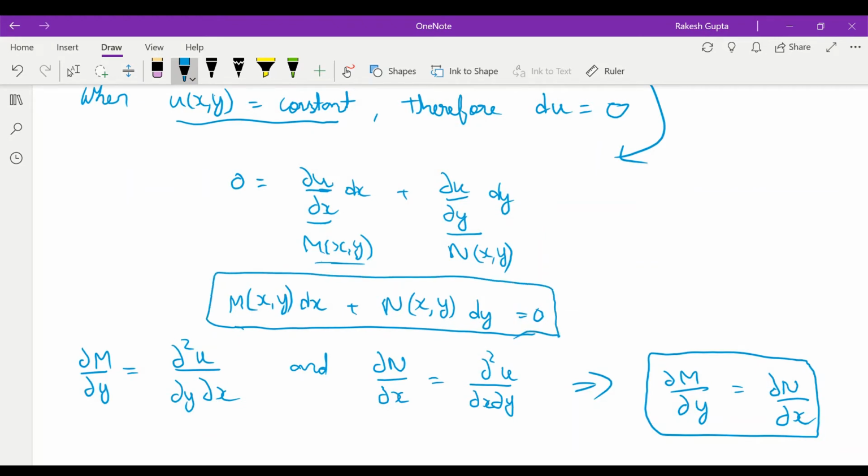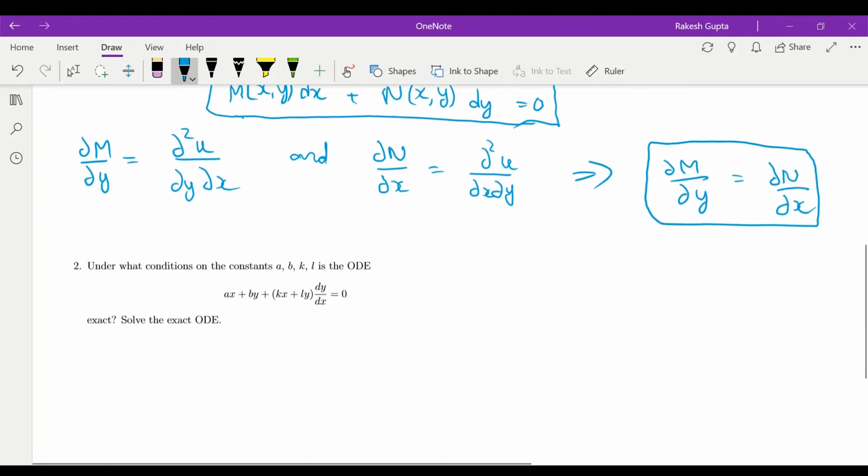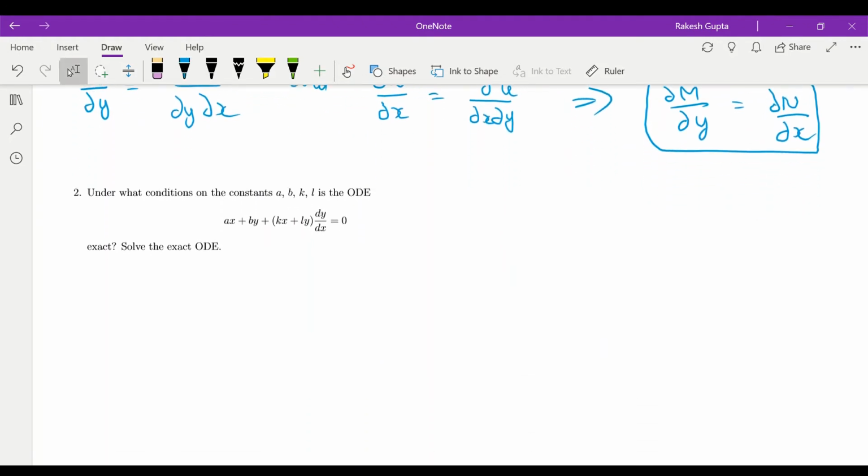exact ODE. Now we'll come to our question, where our exact ODE is given by this equation. So when we rearrange the terms, we'll get something as follows.